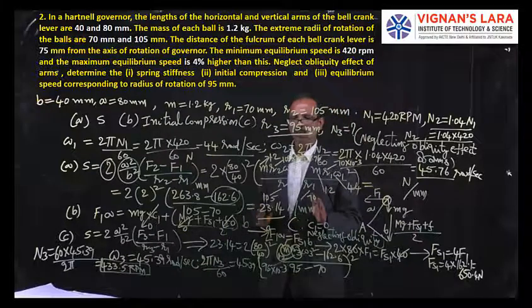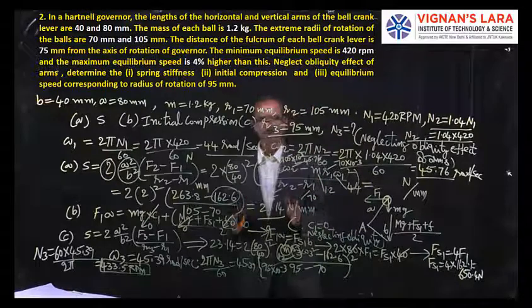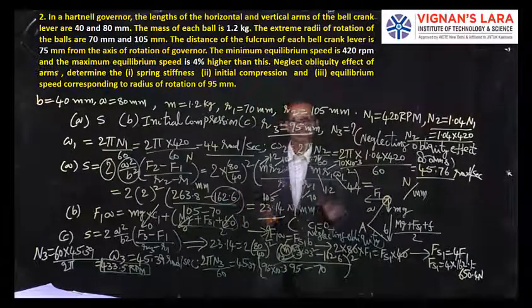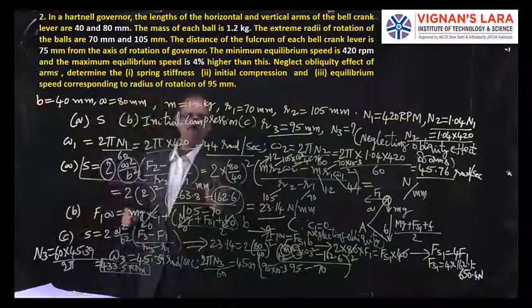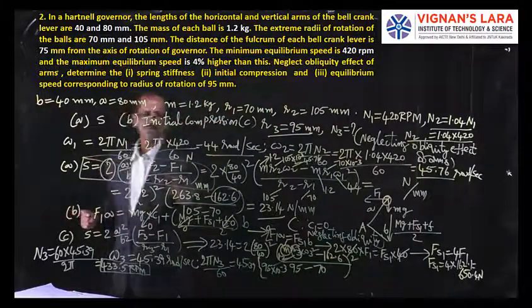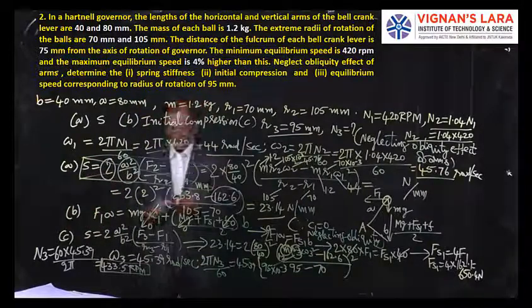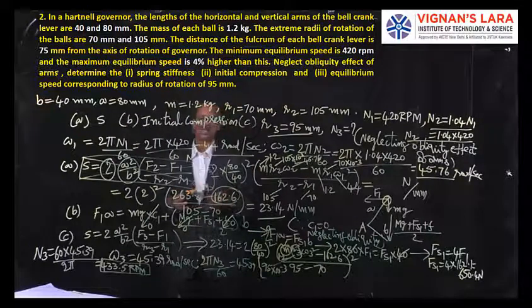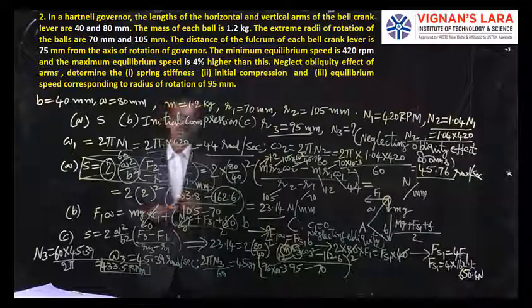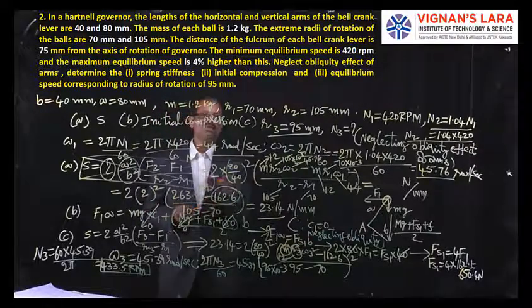We don't assume that. We calculate A1, A2, B1, B2, C1, C2. At that time, this equation will not be valid, because it was derived by simply neglecting the obliquity effect. So we'll solve one more problem in the next class, on obliquity consideration.